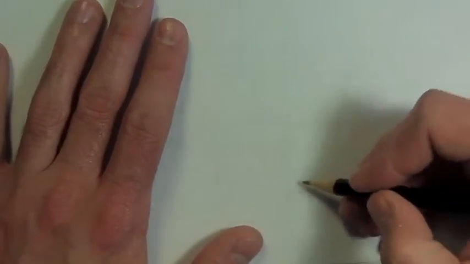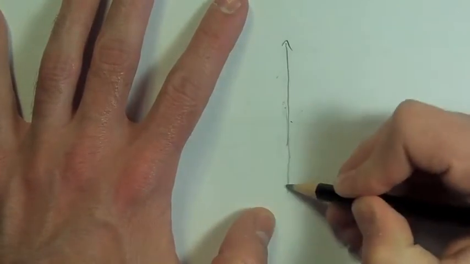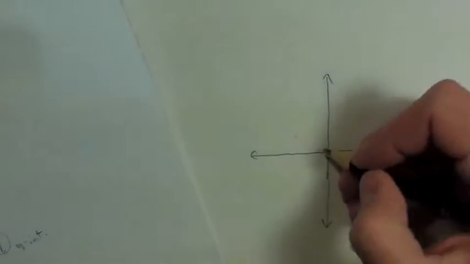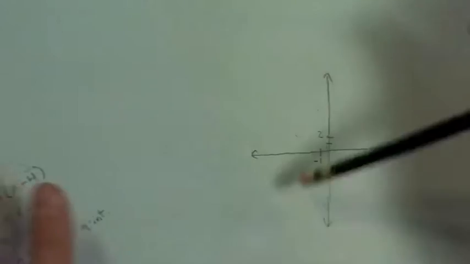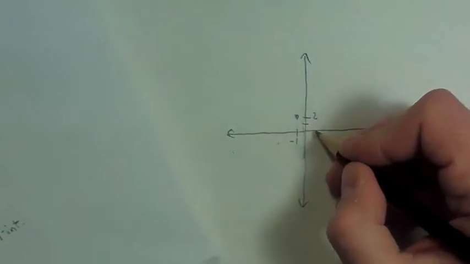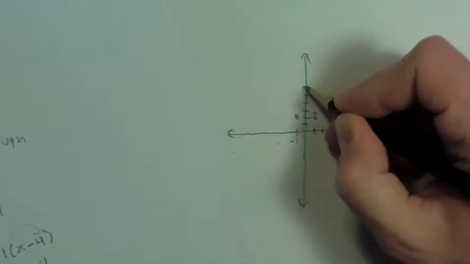Okay, so for example, if I make an axis here, we can actually start with the 2 points we were given. -1, 2. And then the next point was 4, 7. So 1, 2, 3, 4, 2, 3, 4, 5, 6, 7.